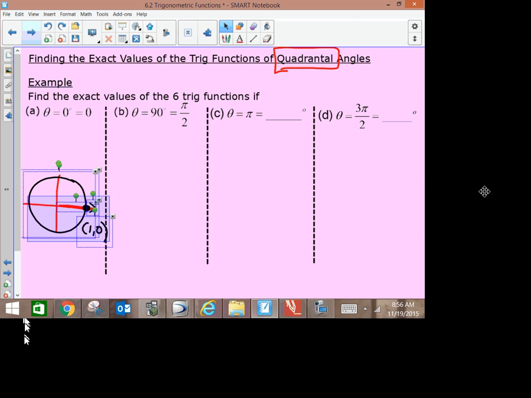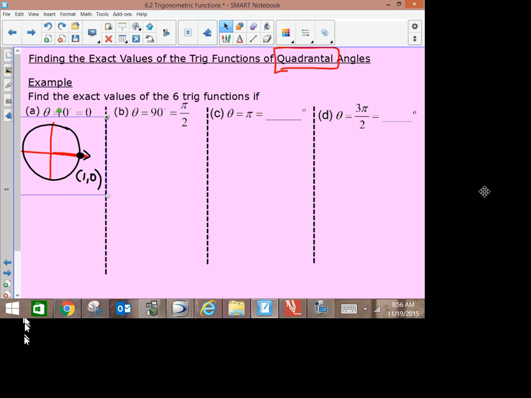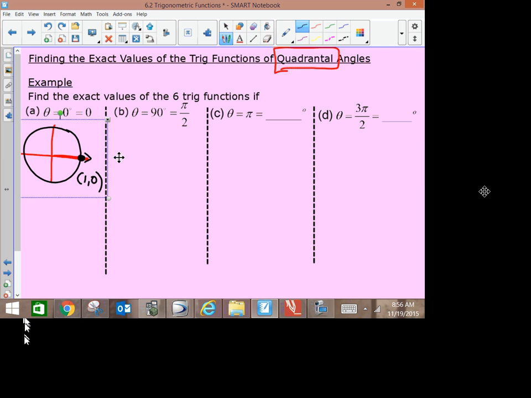Okay, I'm going to pull this up here. So here we go. Sine of theta. Theta is 0 degrees or 0 radians, however you want to look at it. So let's do sine of 0. If I write 0 and I put a degree sign, what am I talking about? Radians. What's the sine of 0?